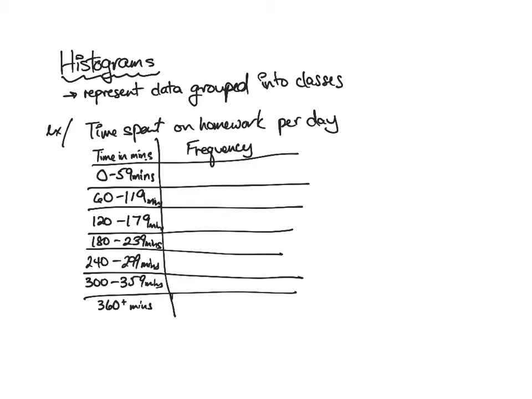So this means that the frequency is any number of answers that came within that range. So let's just say 1 for this, 14 for this, 3 for this, 5 for this, 6 for this, 2 for this, and 1 for this.